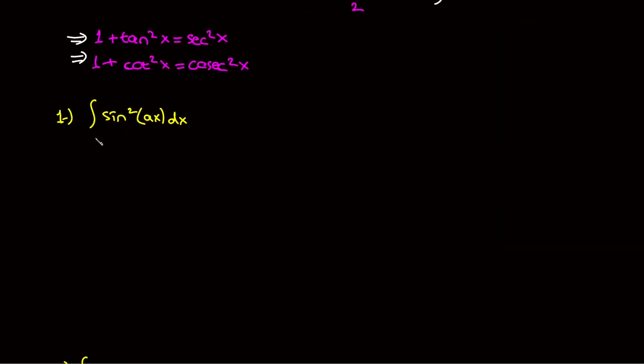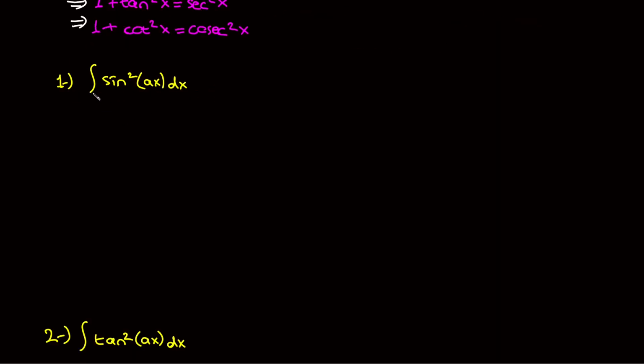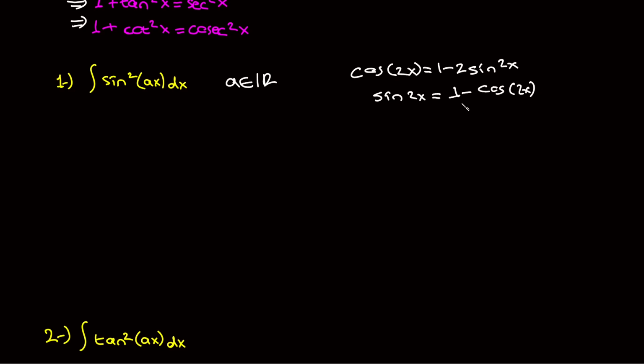All right, now let's see some simple integrations related to what we learned so far. The integral of sine squared of ax dx. What does ax mean? a is any real number, right? 2, 1, 2, 2 over 3, doesn't matter. What I know is cosine of 2x is equal to 1 minus 2 sine squared x, which gives me sine squared x is equal to (1 minus cosine of 2x) over 2.